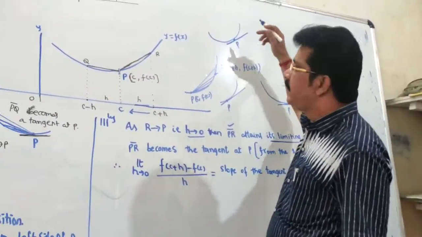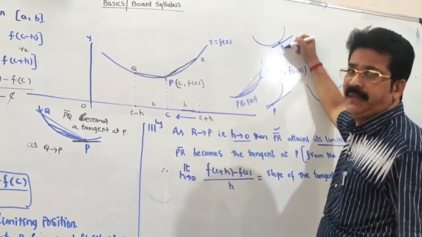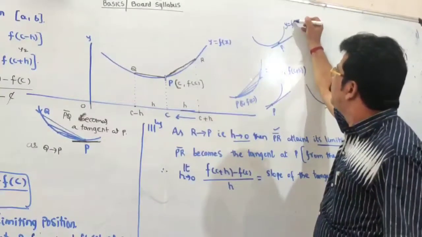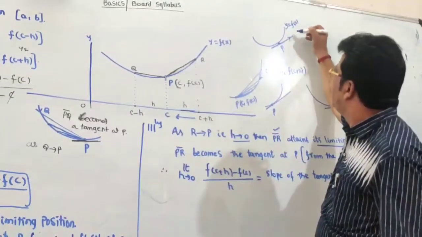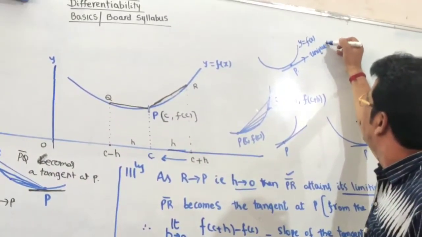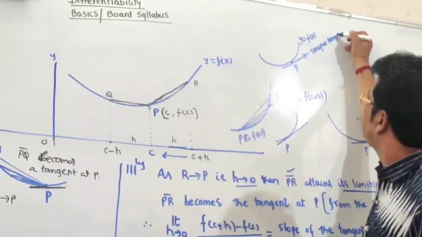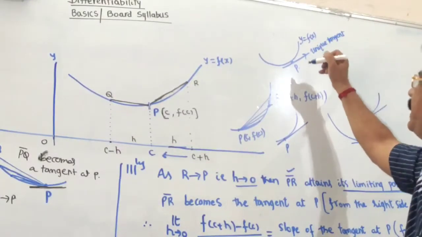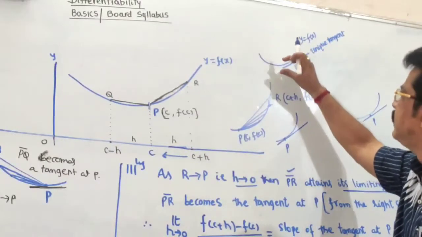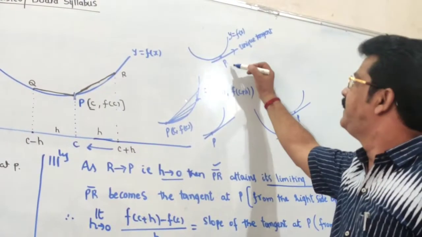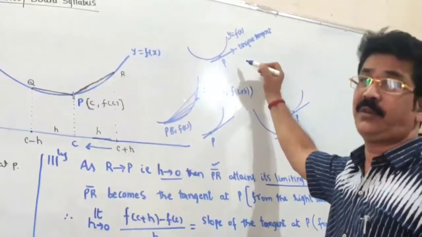Means at a point capital P, for the curve y is equal to f of x, there will be a unique tangent. So this is the hypothesis, a universal truth.